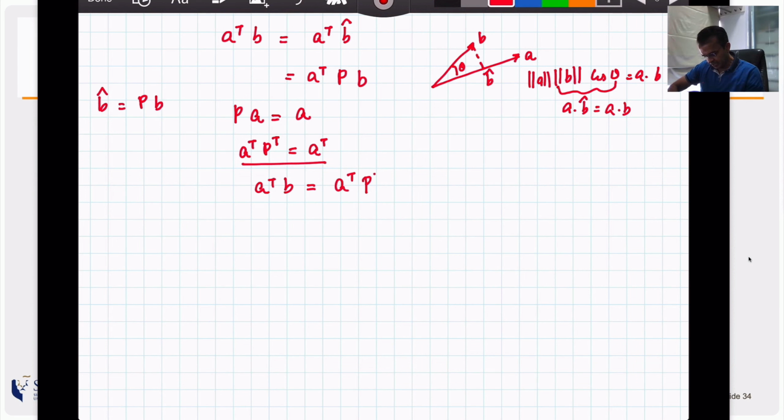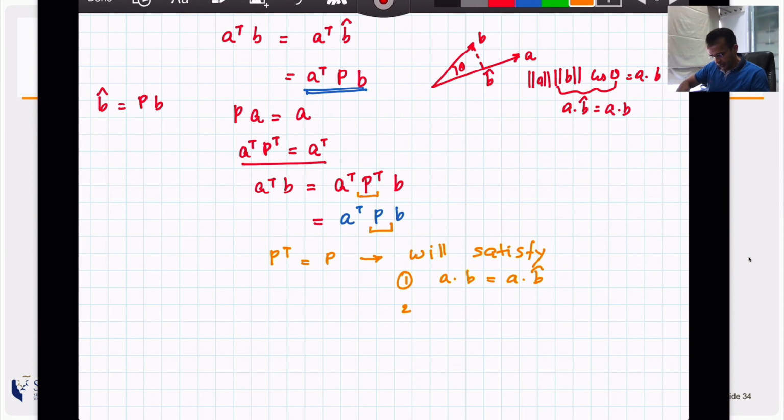So I get A transpose P transpose B, and from the blue guy here, this is equal to A transpose P B. This will say that P transpose is equal to P. So this is my proof. Take a look at this proof and see if this is actually true. Well, in any case, P transpose equal to P will satisfy this condition. So that is the proof: P transpose is equal to P.